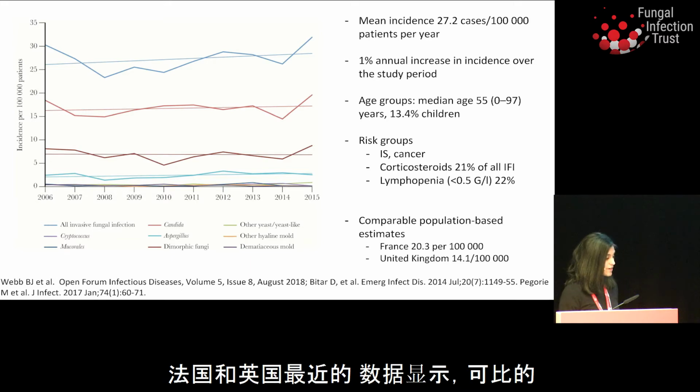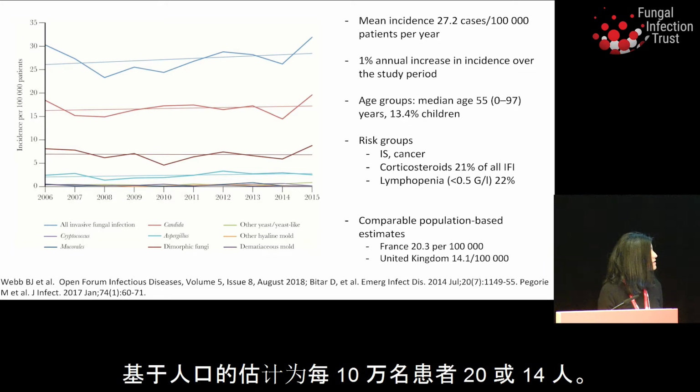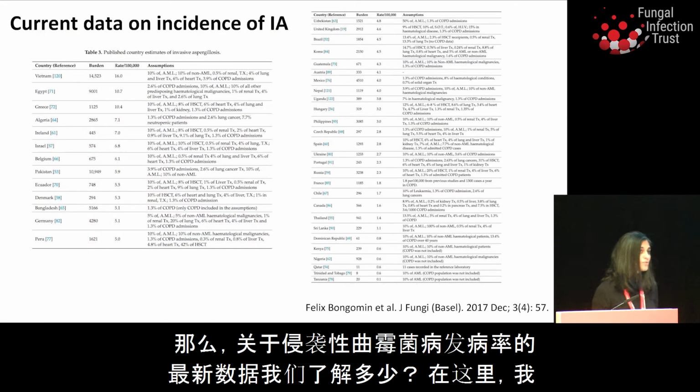There are recent data from France and the United Kingdom which show comparable population-based estimates of 20 or 14 per 100,000 patients. So what do we know about current data on the incidence of invasive aspergillosis?